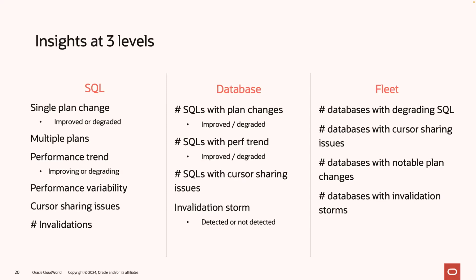Performance trend is where we do a little bit of linear regression on the history of deltas, and we look for either an improving or a degrading trend in the average latency. Performance variability: if there's a high level of variability in the average latency for a SQL across our deltas, we flag that.